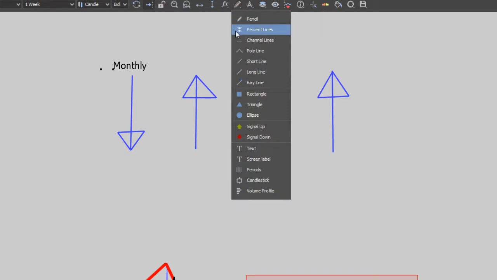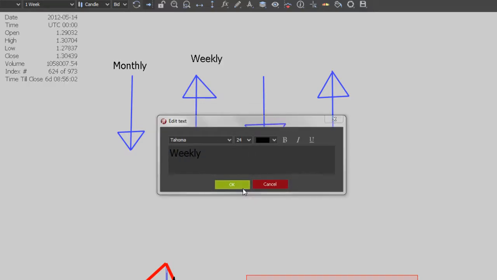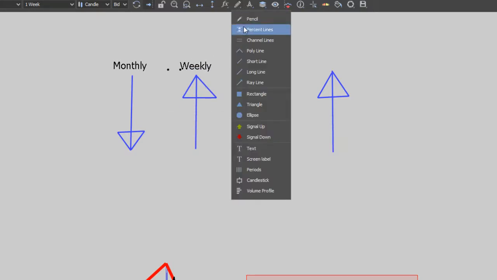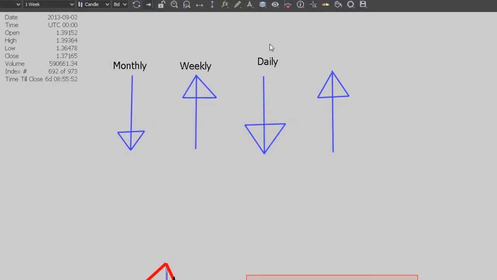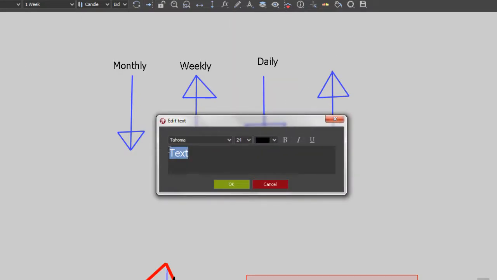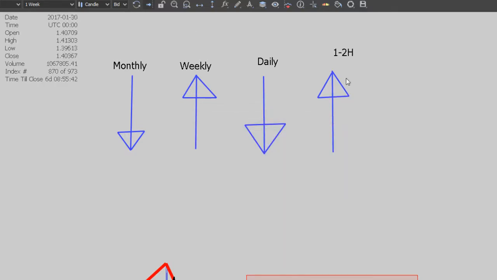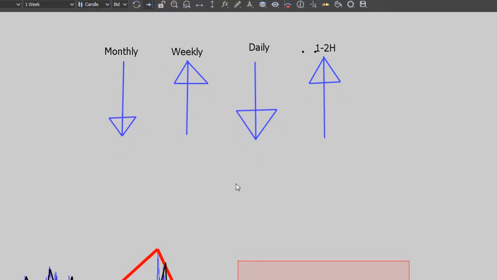This is the weekly. The weekly structure is up. Then we said that this is the daily. Daily is down, and we said that 1 or 2 hours is up, right?